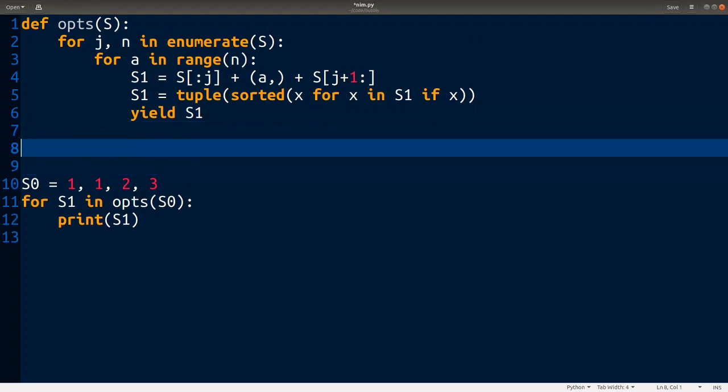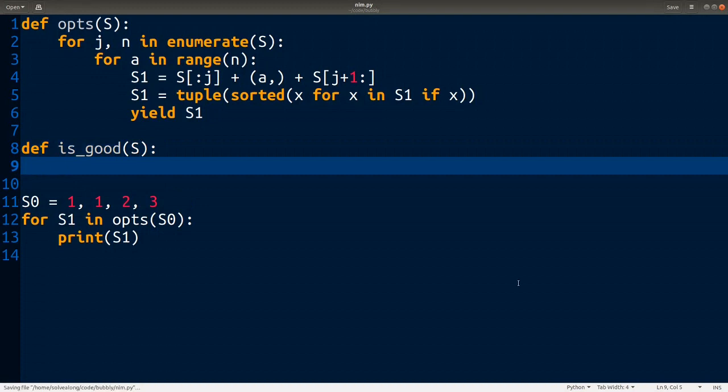All right, so next we can define the isGood function. And this will return true if the state is a first player win, a good state, and false if it's a second player win, a bad state.